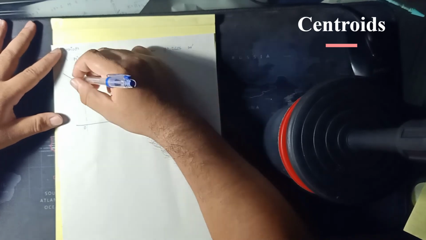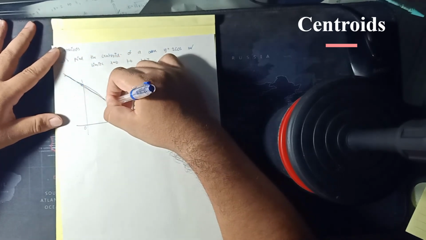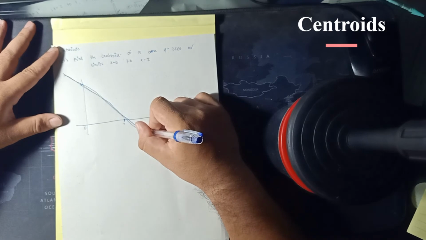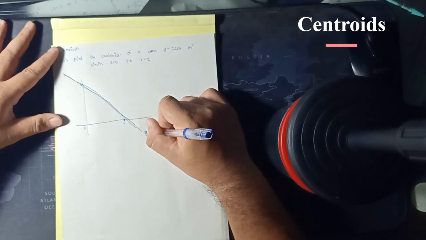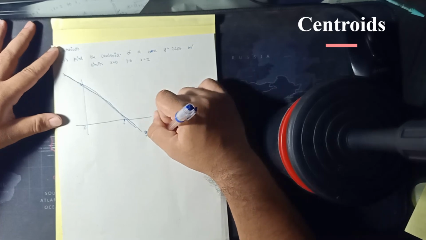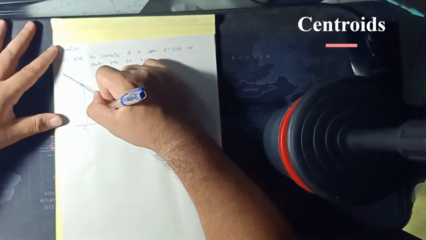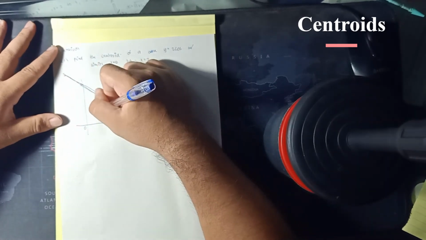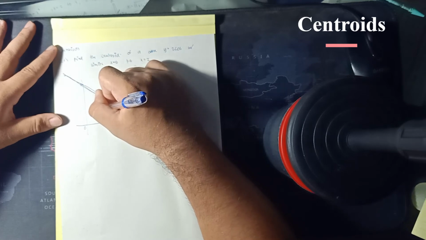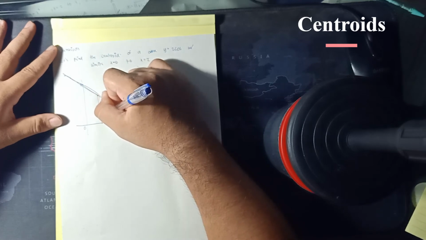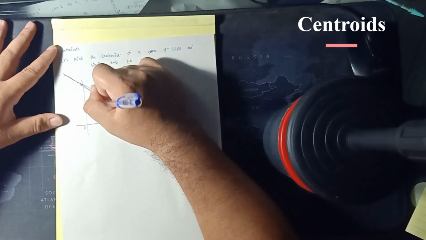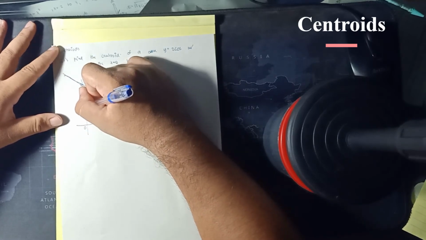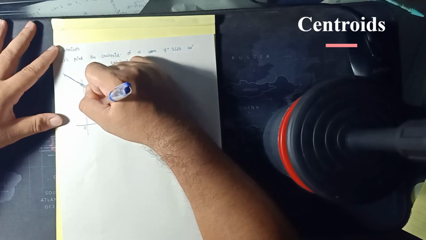And now we can create here your strip, which has the centroid in the center. This would be your yc equals y over 2. This is your xc, the centroid. From your centroid, xc is equal to x.